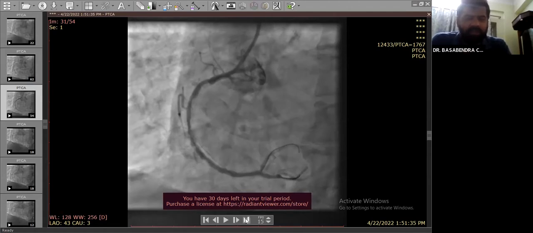So at this point, since we did not have rotablation atherectomy at our disposal at that point of time, the best possible option to manage this kind of grossly calcific lesion and diffuse disease was the use of an OPN balloon.